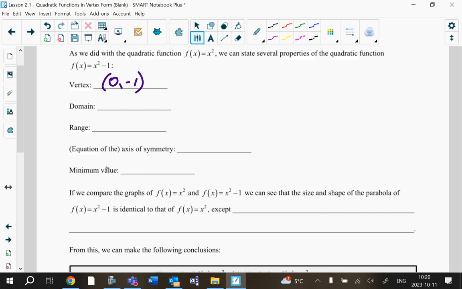You know what? No matter what the parabola looks like, whether it's right side up or upside down, the domain is always this. Never changes. It's the range that changes, depending if there's numbers. What would be the range of this one? -1 to infinity, with a bracket around the -1.